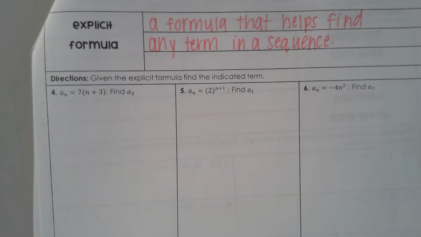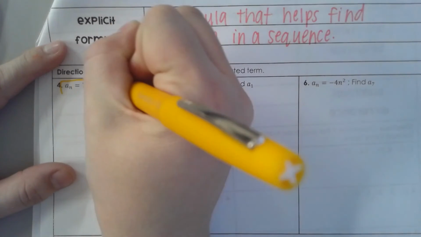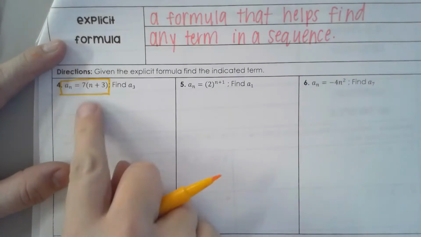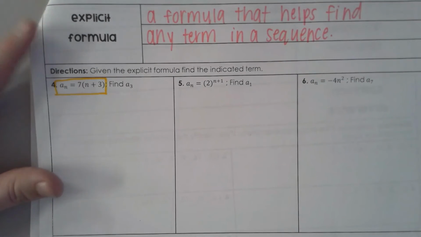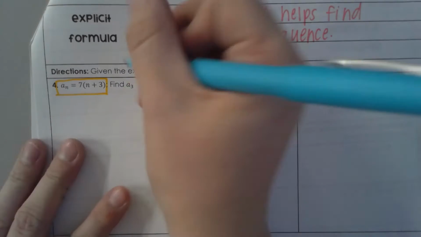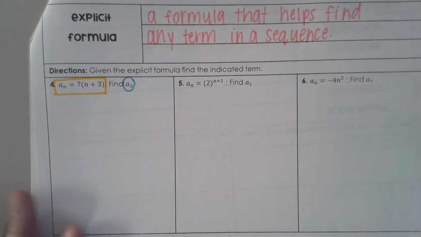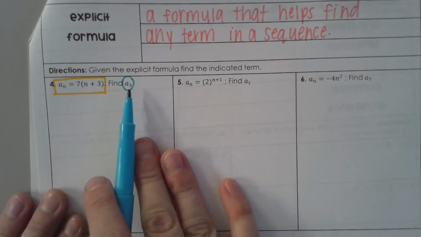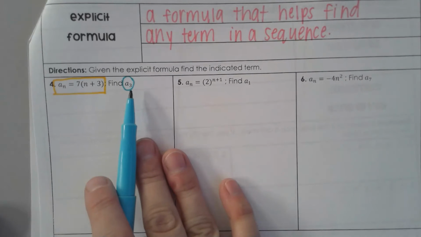So number 4, I've given you a formula. A(n) equals 7 times n plus 3. And I'm asking you to find A3. What letter does that little 3 represent?